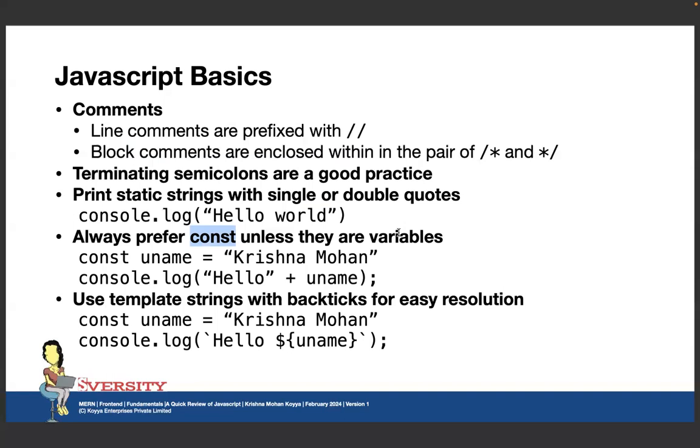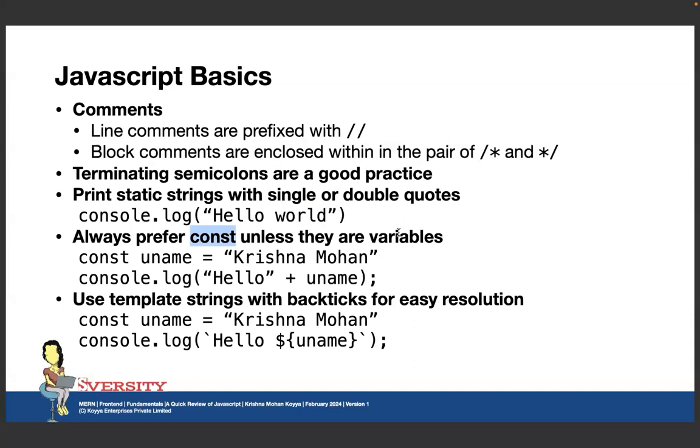It is better to use const if it is a constant, or let if it is a variable. If variable means what? Its value is going to change during the run of the program. If you know that it is not going to change its value during the execution of that program, then why should we declare it as a variable? Declare it as a constant.